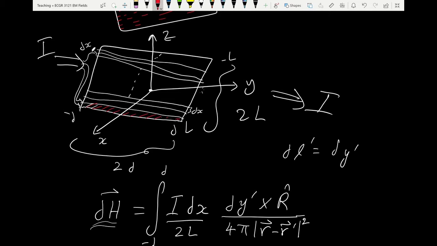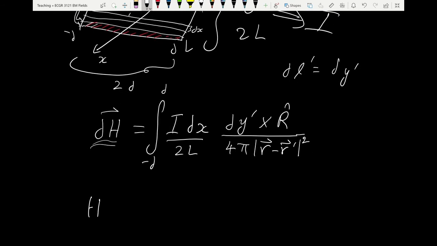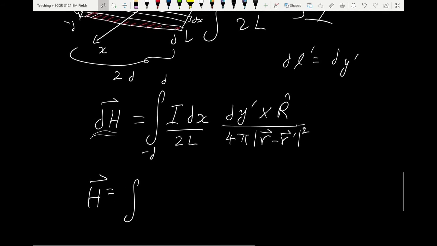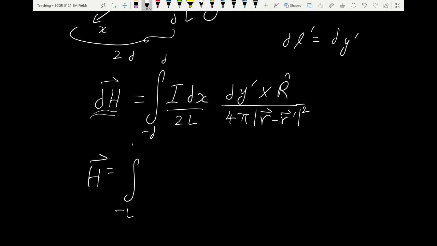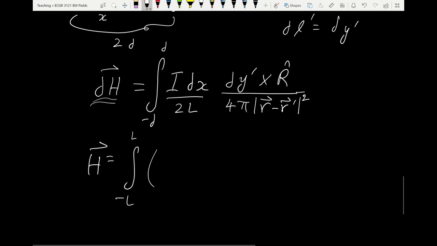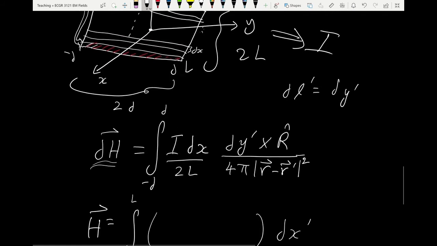What about the total field of the sheet? Well, the total field is another integral. I'm going to integrate over all the filaments from minus L to L, right? I'm moving around the x-axis, in the x-axis direction.